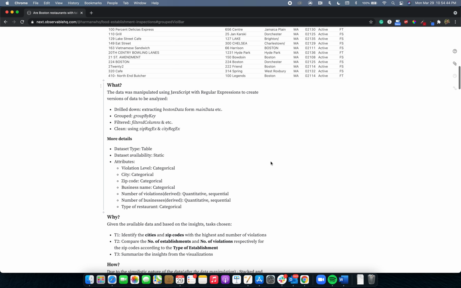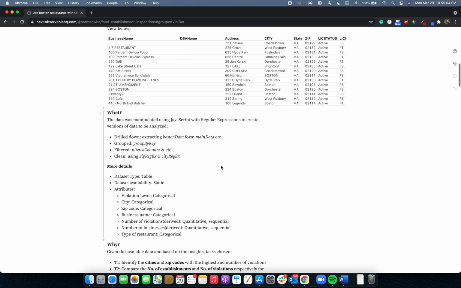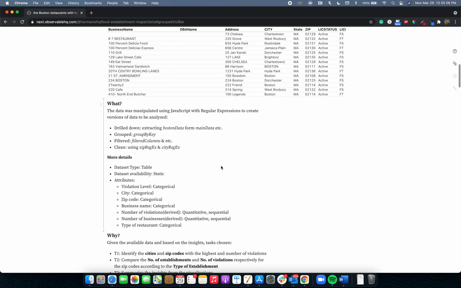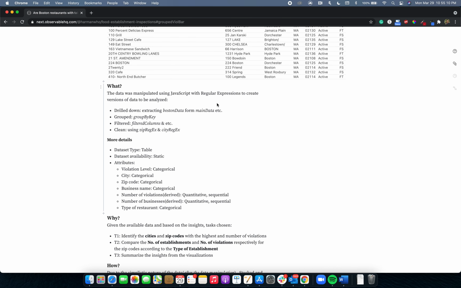I have done some data manipulation because, as you can see, this data is not grouped; it's in a plain tabular form, and I had to manipulate it to generate certain visualizations and graphs to answer the questions.